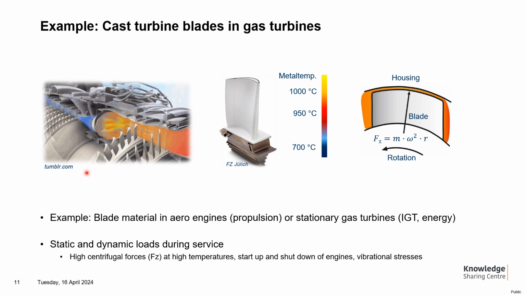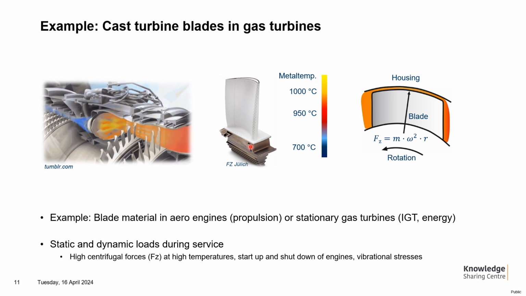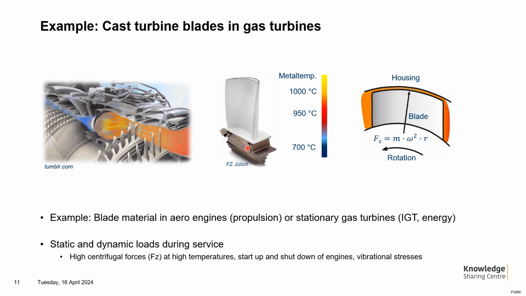In service, they have to withstand a complex regime of static and dynamic loads at high temperatures. These complex-shaped blades are manufactured via investment casting techniques. However, during dendritic solidification of blades, porosity forms in the last solidifying areas due to the liquid-solid volume contraction.